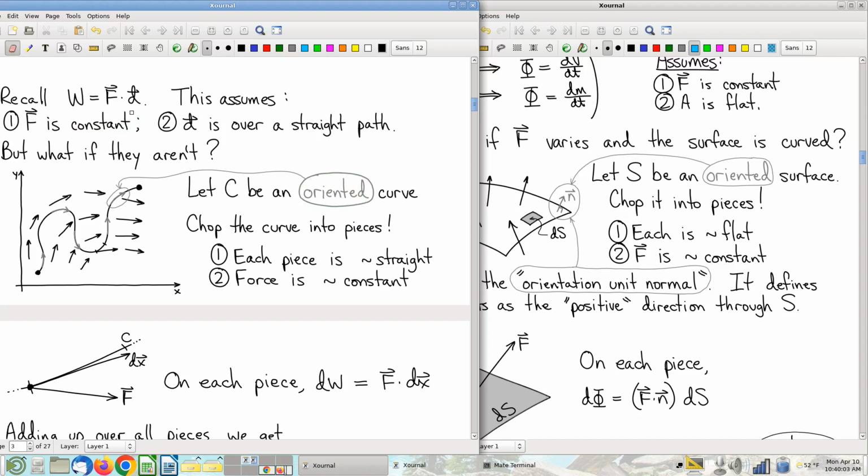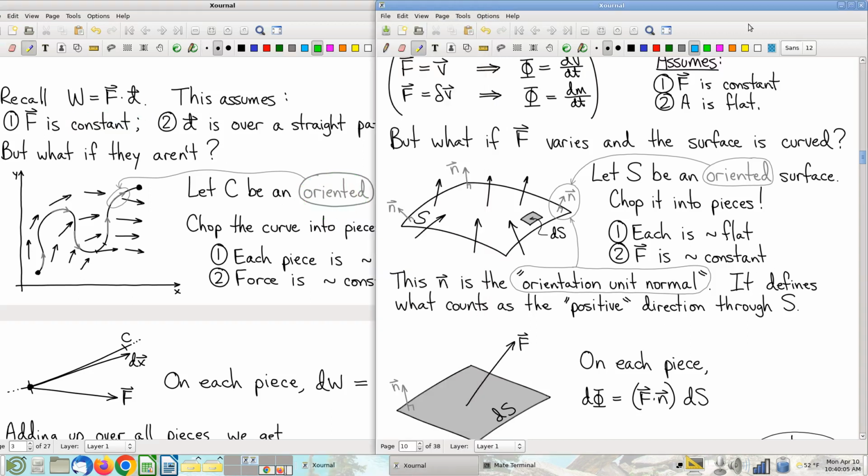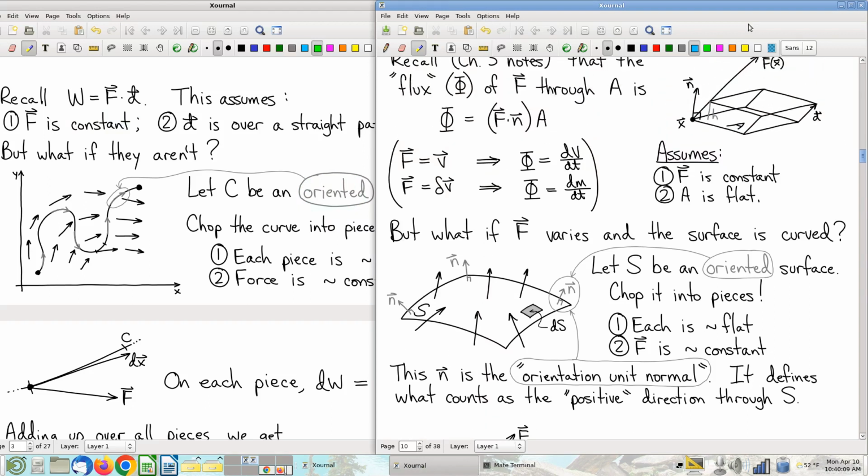So, all right, what does that have to do with flux? Well, it's, again, kind of morally the same. If you have a vector field moving through a piece of surface, you have to decide what you mean by the positive direction through that surface. Let's suppose you've decided that that's the positive direction that I have drawn up here. Then fluid going like that would give you positive flux.